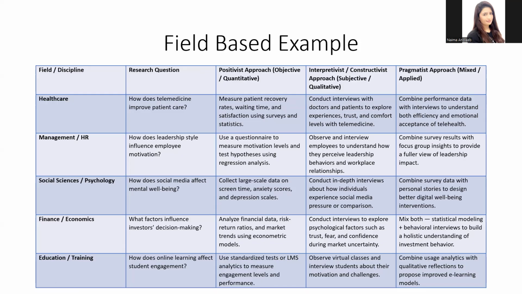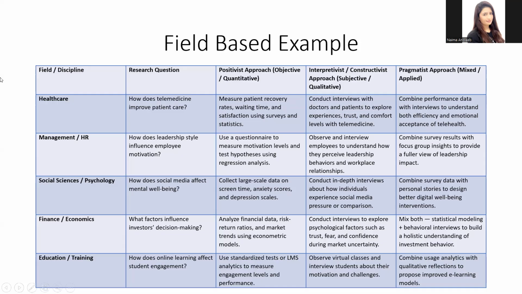Let's suppose education or training. How does online learning affect student engagement? Use standardized tests or LMS analytics to measure engagement level and performance. Observe virtual classes and interview students about their motivation and challenges.